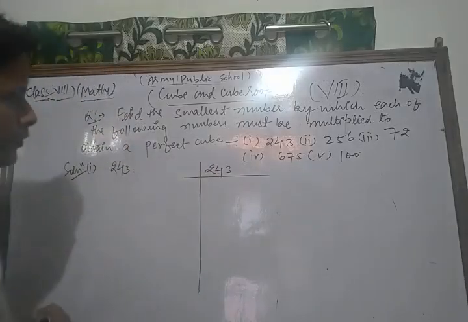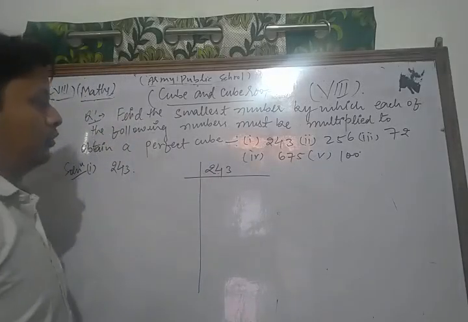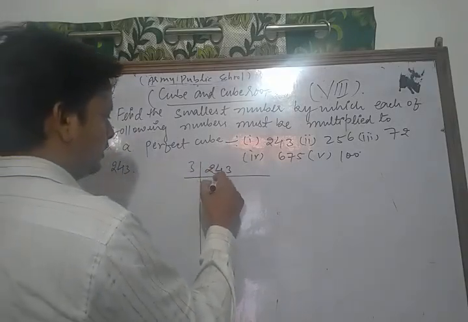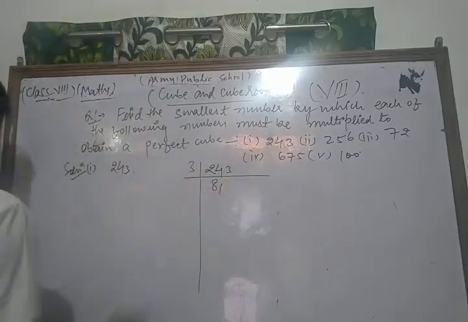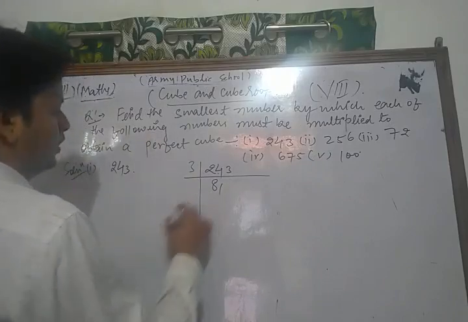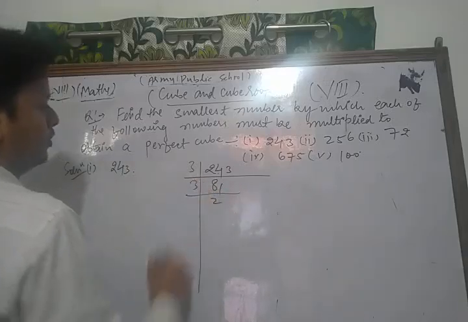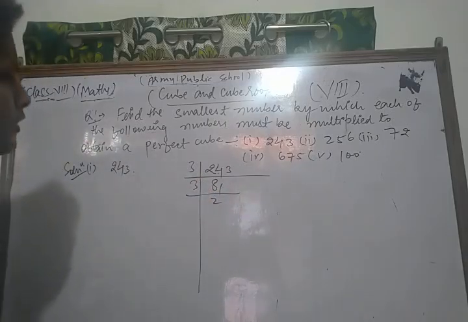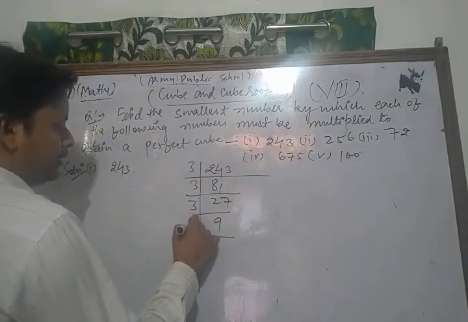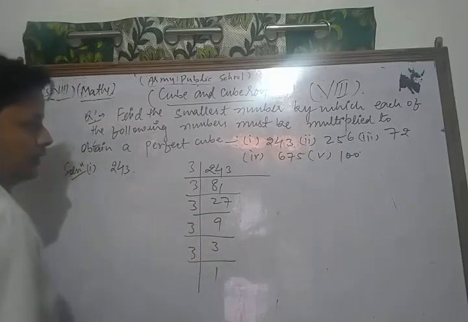Now, first of all, divide by 3. 3 times 8 is 24, 3 times 1 is 3. Now again by 3, 3 twos are 6. 3 times 9 is 27, 3 times 3 is 9, and 3 times 1 is 3.